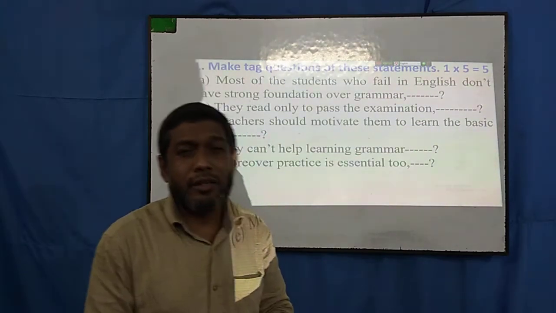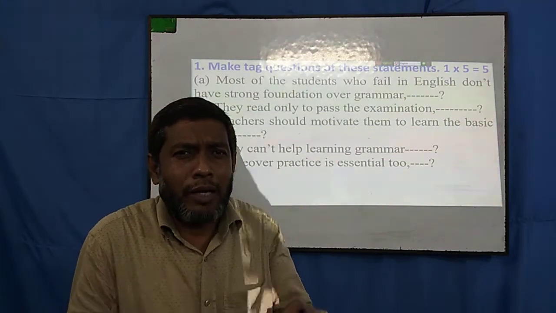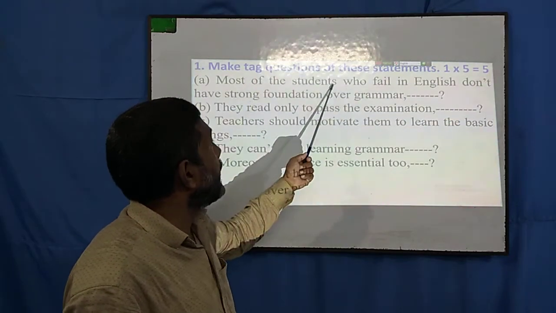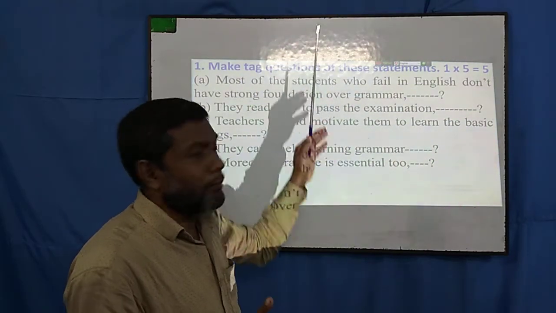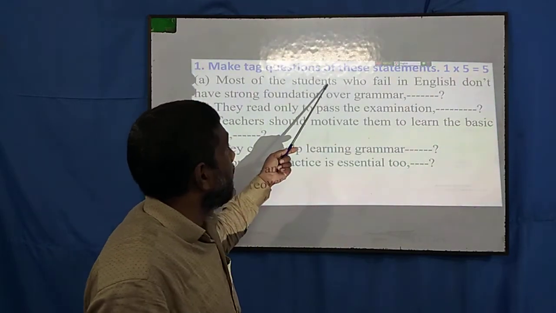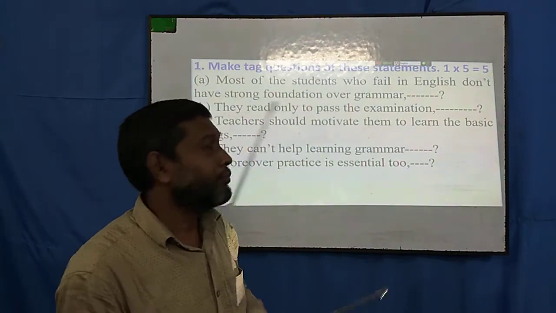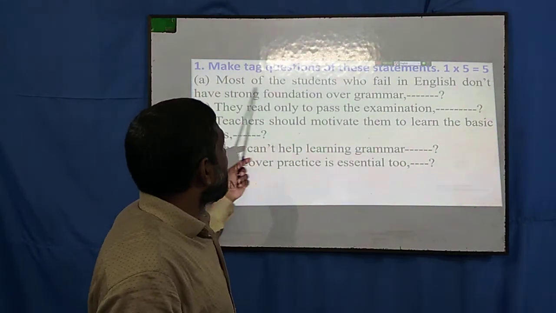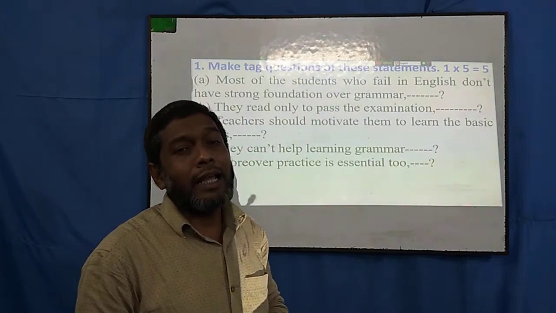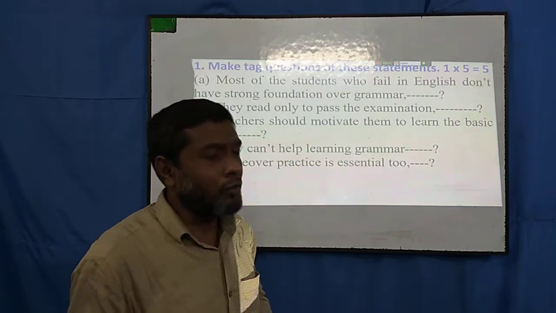So dear students, you know it completely, but I am telling you again for your better understanding. How will we take the auxiliary verb from the statement? If there is any auxiliary verb in the statement, I have to take that particular auxiliary verb. And if there is no auxiliary verb in the statement, then I have to take do, does, or did as an auxiliary verb.